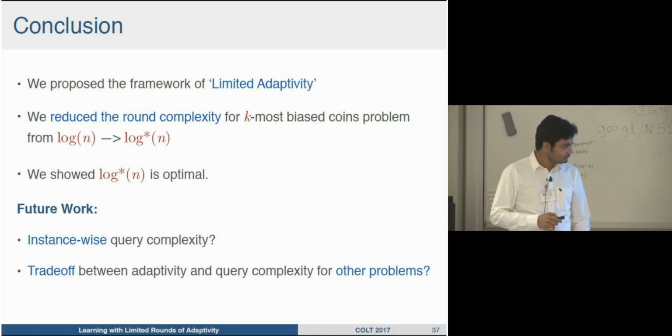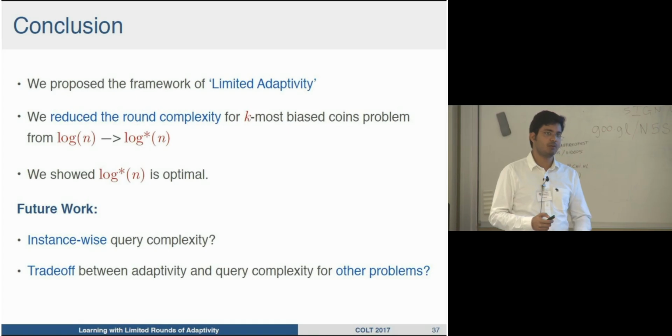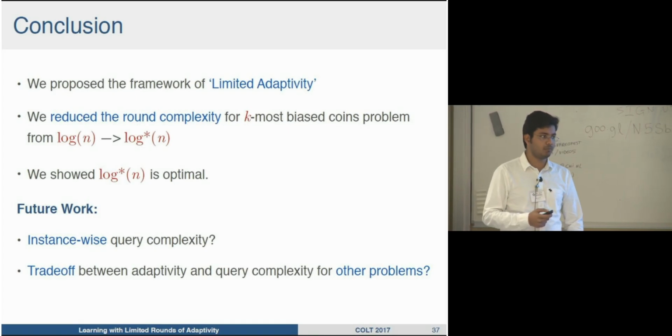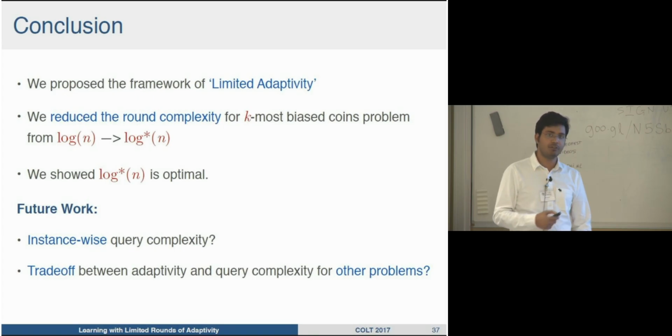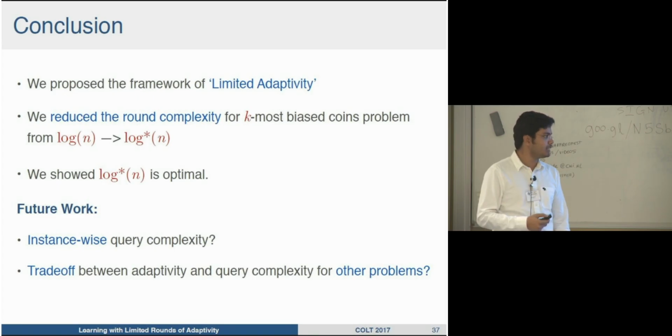Our algorithm already shows some improvement for this problem, but it is still not satisfactory, meaning that the upper bounds and lower bounds are not tight. And in general, we would like to understand this trade-off between adaptivity and query complexity for other learning problems, other PAC learning problems.